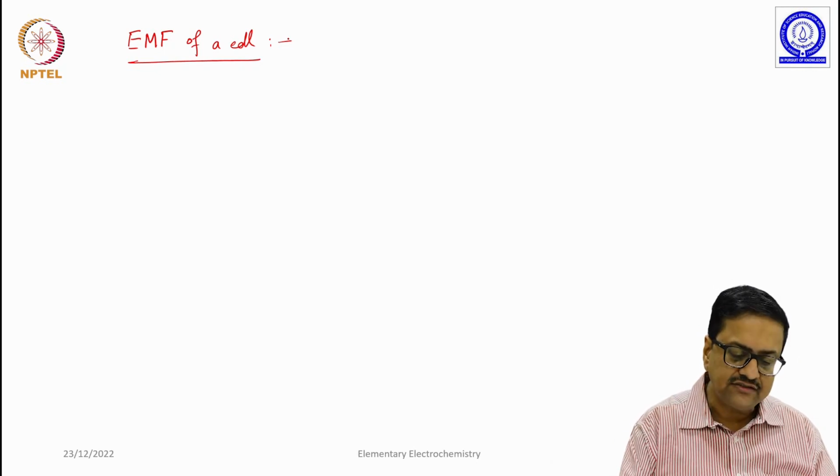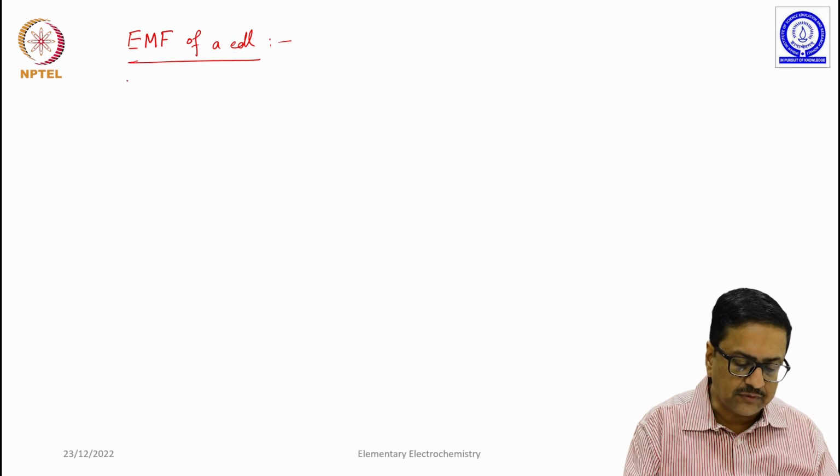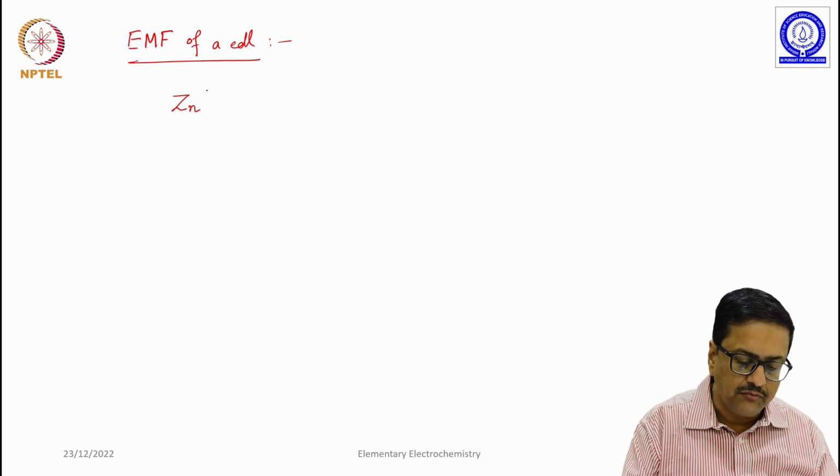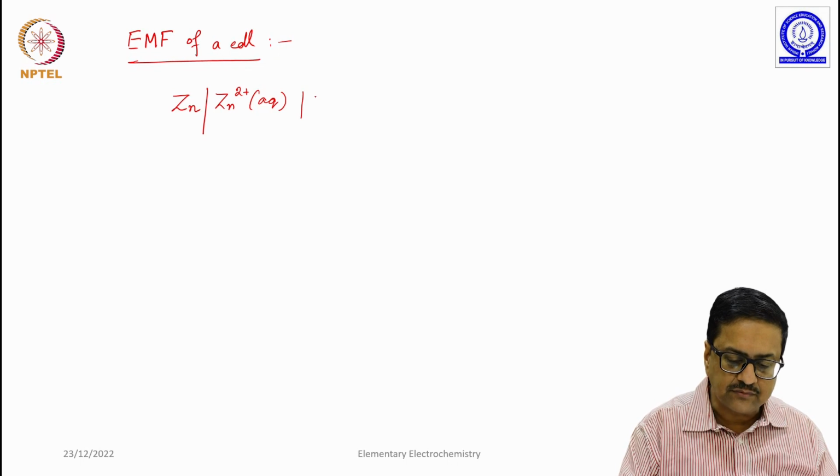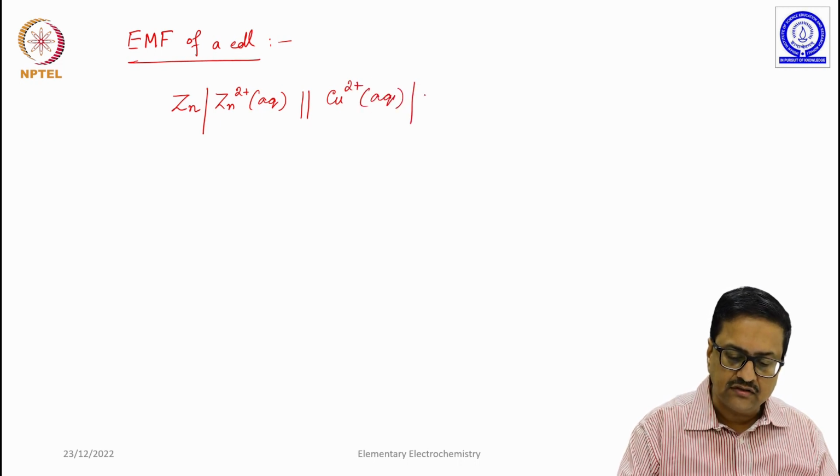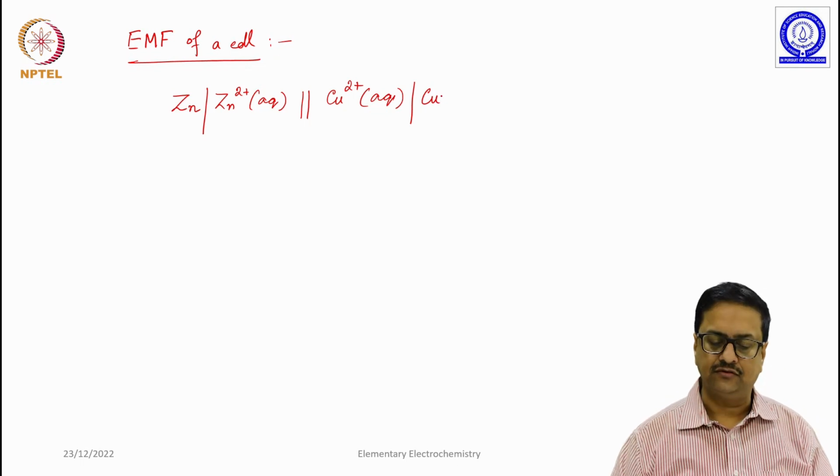Let us assume that we are talking about the Daniell cell, which you have already learnt: zinc metal dipped in a solution of Zn2+ ions in aqueous medium, kept separated from a solution of Cu2+ in aqueous medium with copper as the electrode.